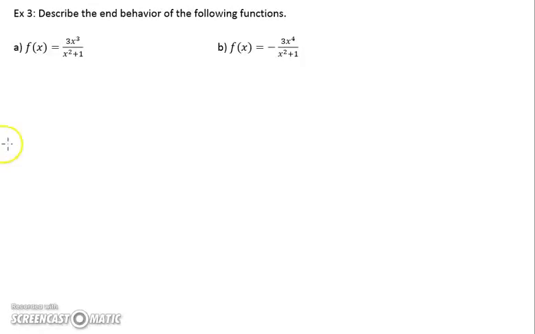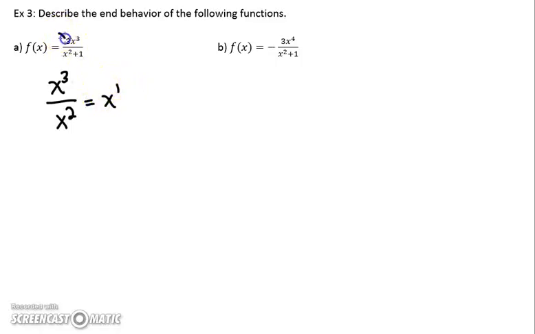So describe the end behavior. So if we look, first thing we've got to think about, is this going to have a horizontal asymptote? Well, our degree is bigger in the numerator, smaller in the denominator. So this doesn't have a horizontal asymptote. So we've got to think about those four rules we just had. If we think about x to the third divided by x squared, that's going to be x to the first. So that's an odd degree.